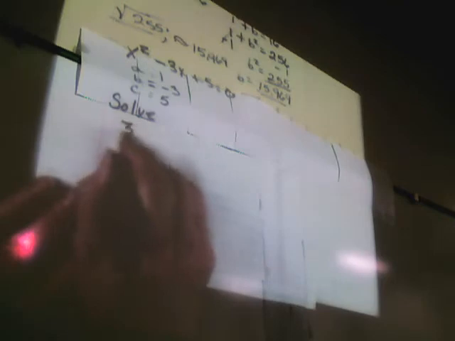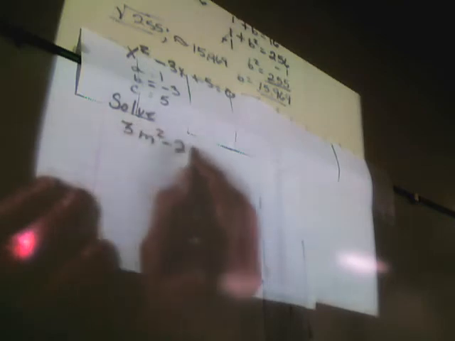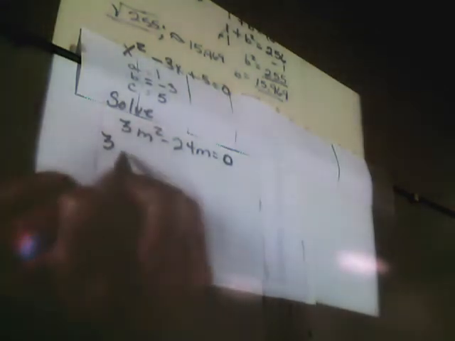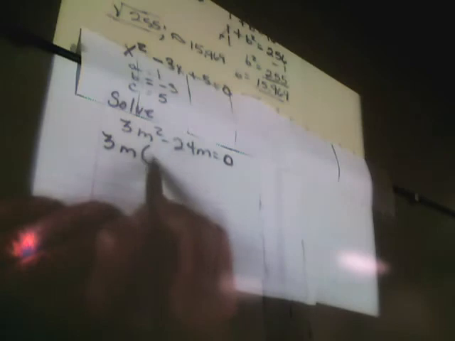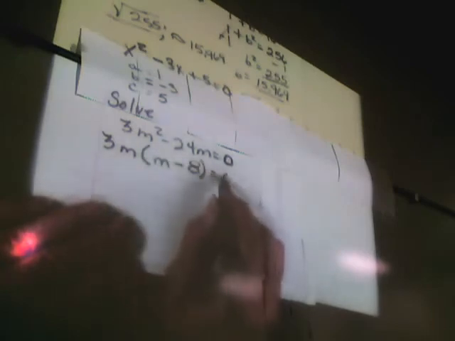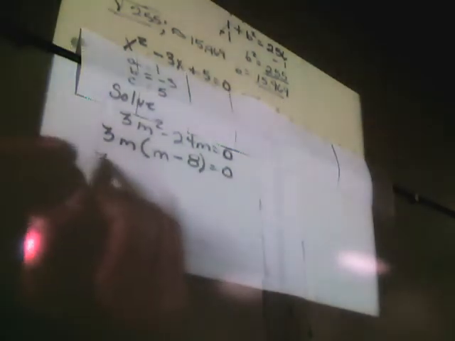Okay, solve. You have 3m squared minus 24m equals 0. Can you factor anything out? 3 and m. That makes the other factor m minus 8. How do we solve this?